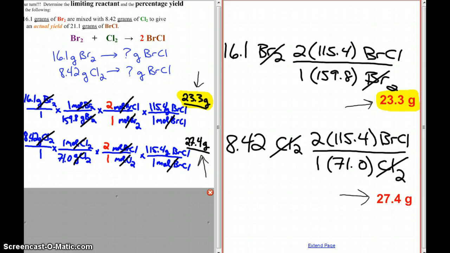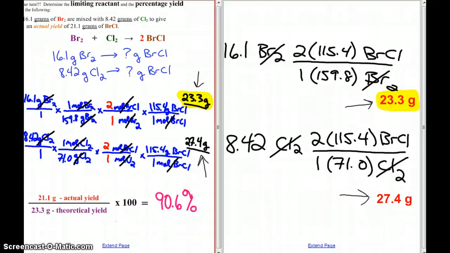So the lower number is the 23.3 grams. And so because of that, bromine is my limiting reactant. The percent yield, then, I take my actual yield, 21.1 grams, which was in the problem, and then I use the 23.3 grams for my theoretical yield that I calculated, and I get the 90.6%.